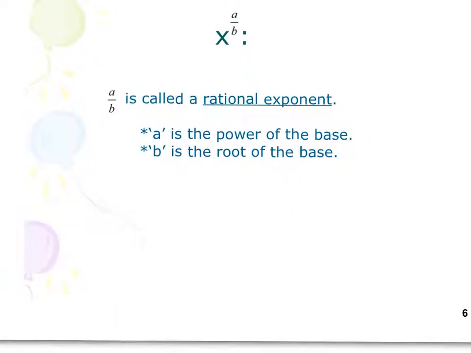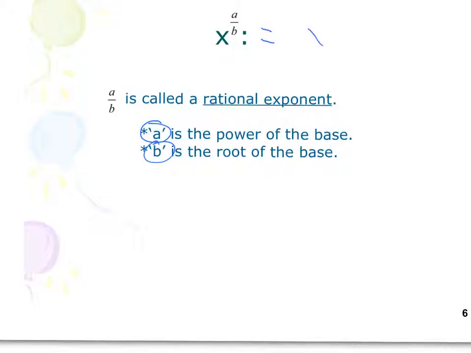So let's start to talk about a rational exponent. X to the a over b power. A is known as the power of the base. B is the root. So there's a couple different ways that we could write this if we wanted to simplify.